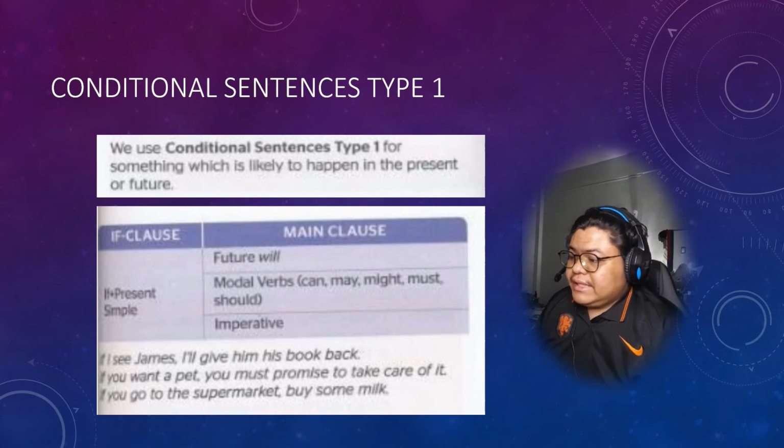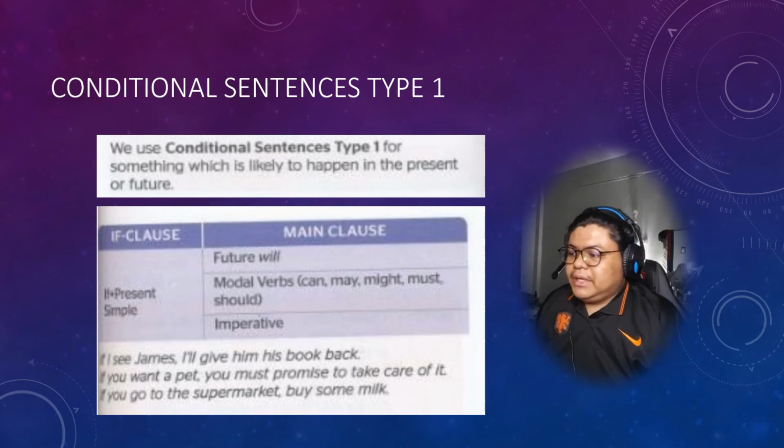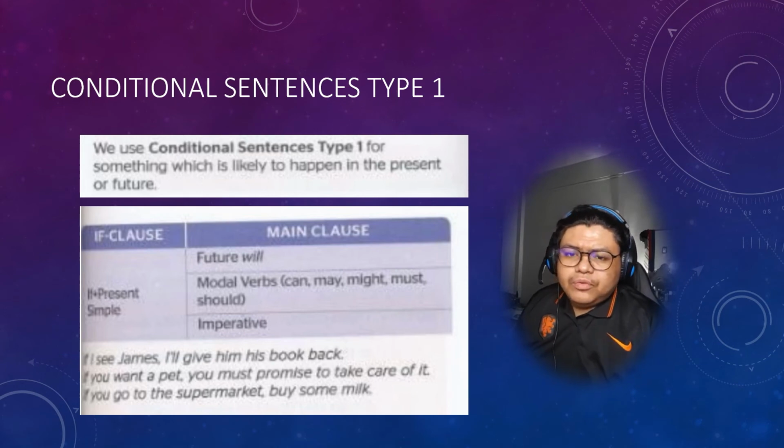Okay, we also have the second type. Let's look at it in the next slide. Okay, just a little bit before we move on. If you are wondering what is imperative, so imperative is actually a command. Memberi arahan.